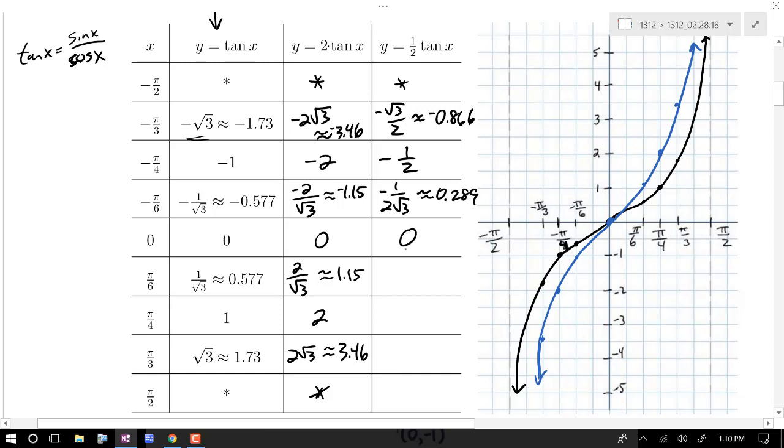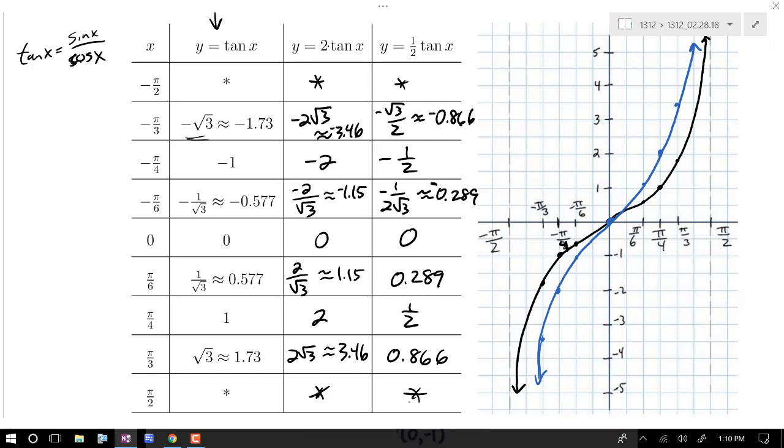Half of 0 is still 0. And then we repeat the same values, but positive: 0.289, 1/2, 0.866. So we have some symmetry in this graph.